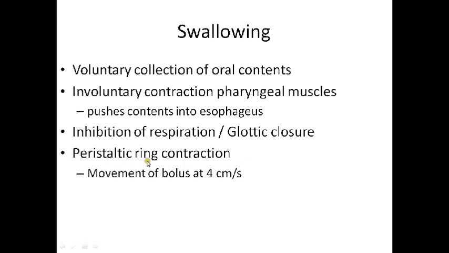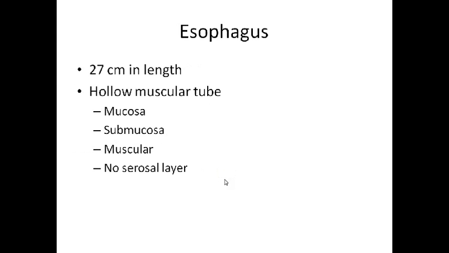There's a peristaltic ring contraction so that the bolus can move down the esophagus, usually pretty fast, at 4 centimeters per second. If you've seen fluoroscopy imaging of that, you can see the food is traveling at a good amount of speed.